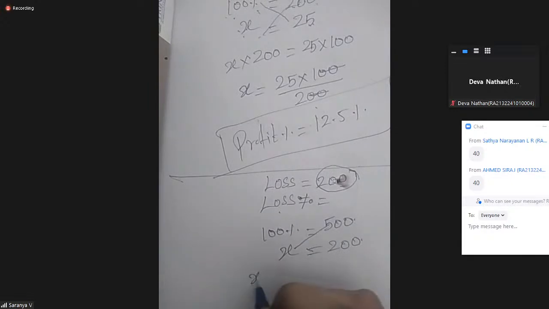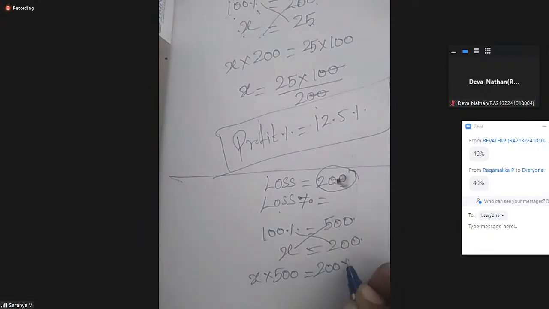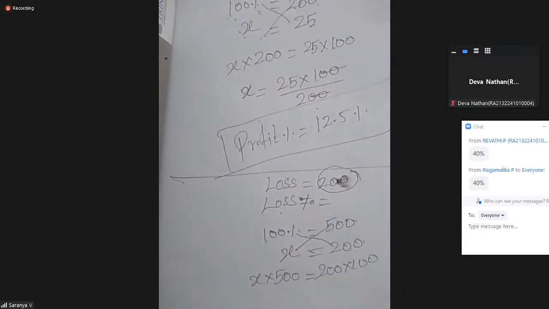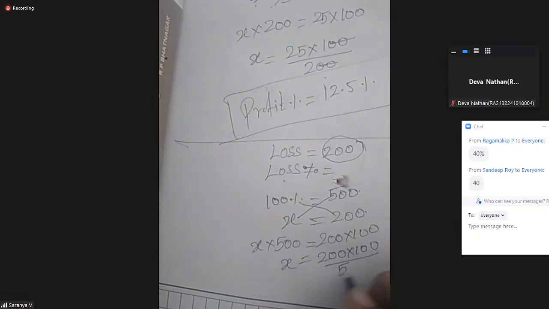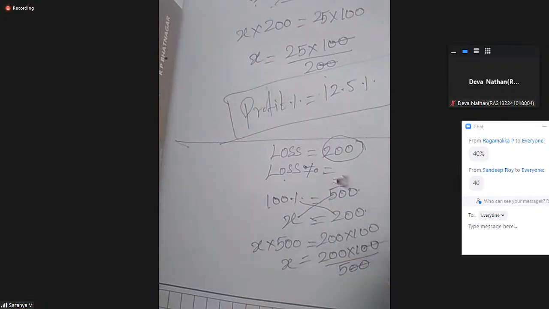First cross: X into 500 equals 200 into 100. So X is equal to 200 into 100 divided by 500. Just cancel the zeros. X is equal to 200 by 5. So 40%. So it is a 40 percentage loss.